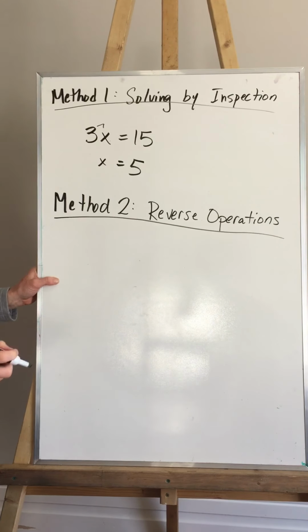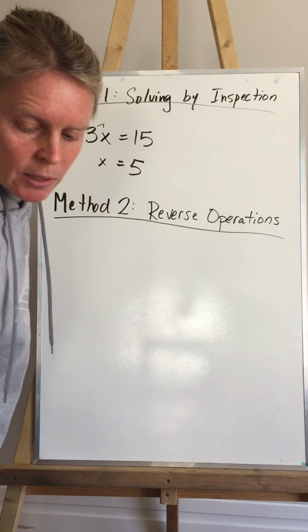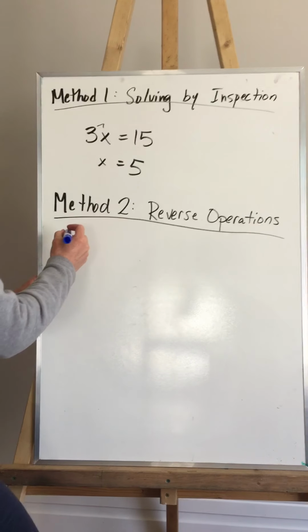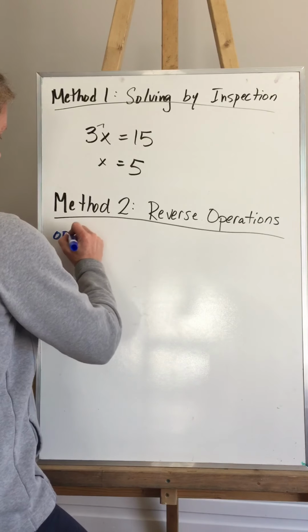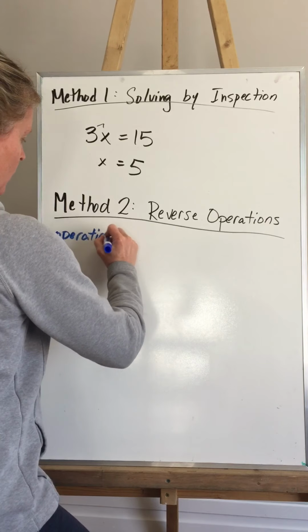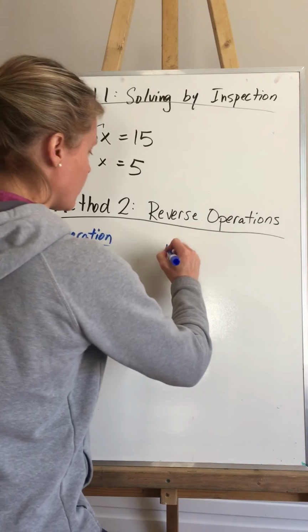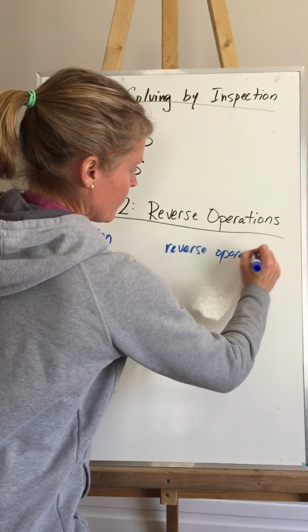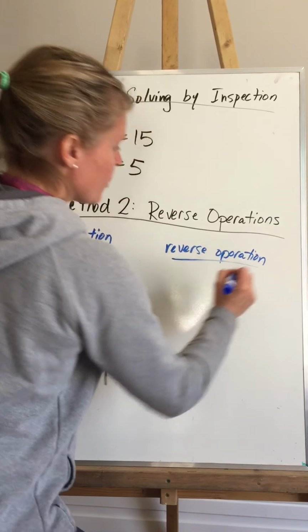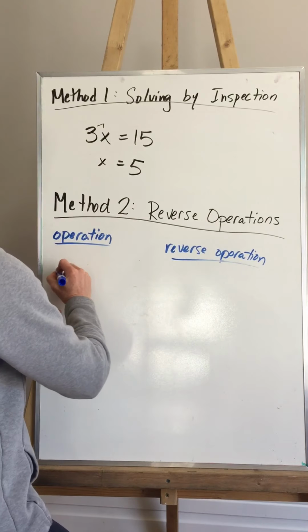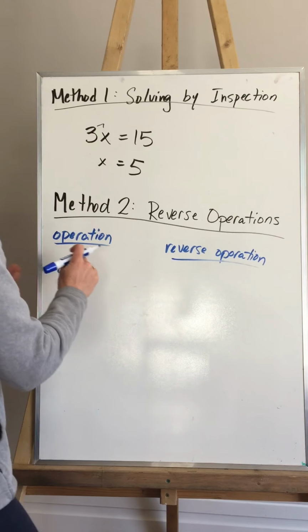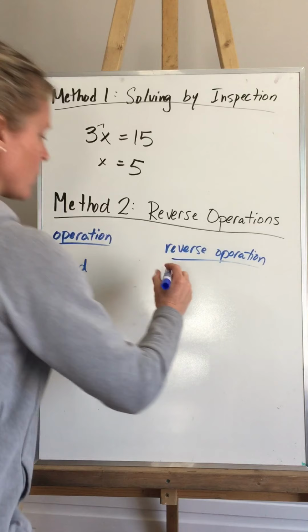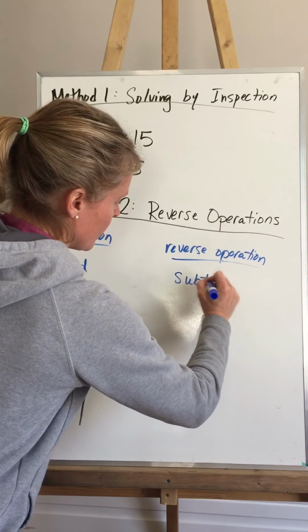Okay, so reverse operations, I'm just going to give you a list of what they are, okay? And most of these are very, very intuitive. So the operation and then the reverse operation. Okay, operation being, if you are adding, okay, to do the reverse of that, you are going to subtract.